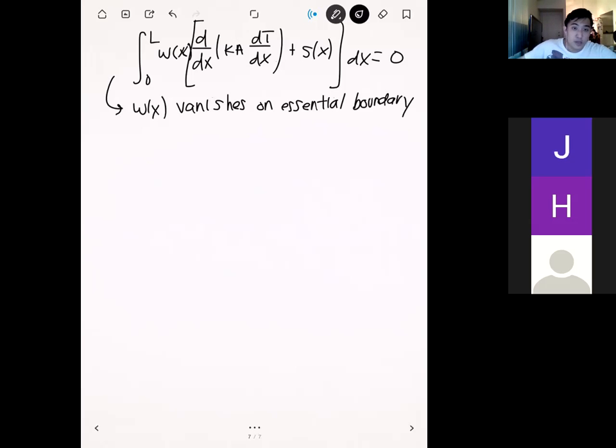Okay. And so just like we did in elasticity, we look at the derivatives here. We see that w has 0, while T has 2. Okay, so we're going to apply integration by parts to balance the derivatives.